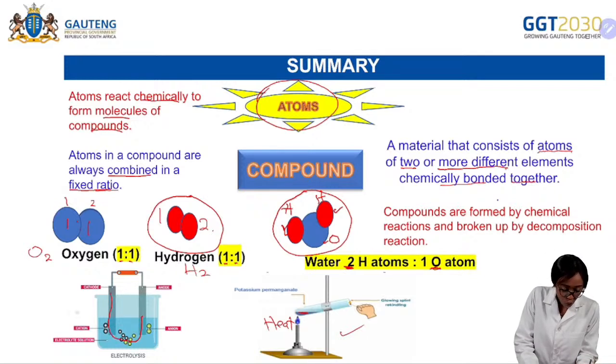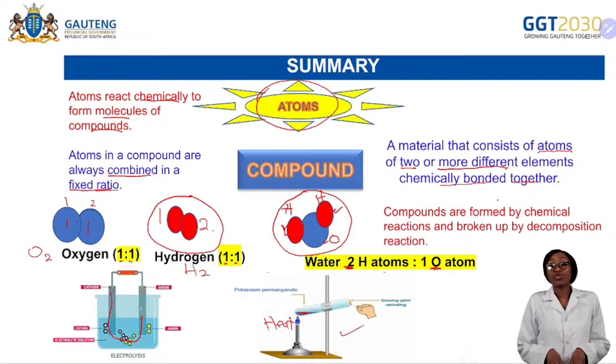When we run an electric current through the solution of the compound, the electricity is able to break the chemical bonds that are holding the atoms of the elements together.